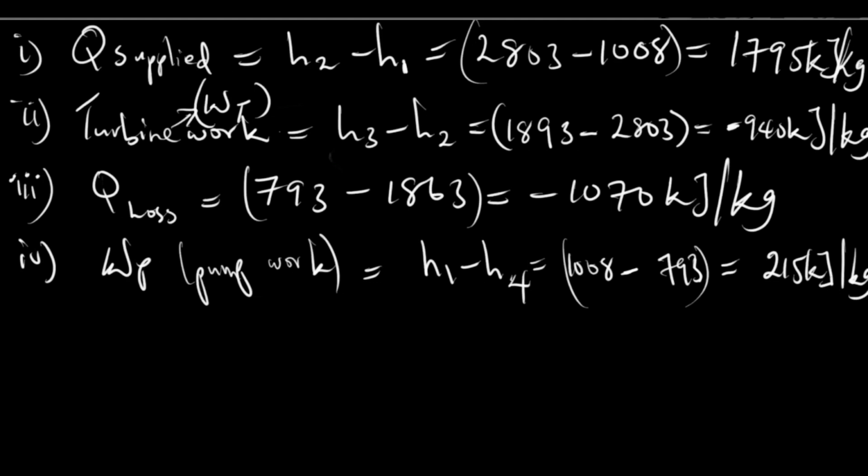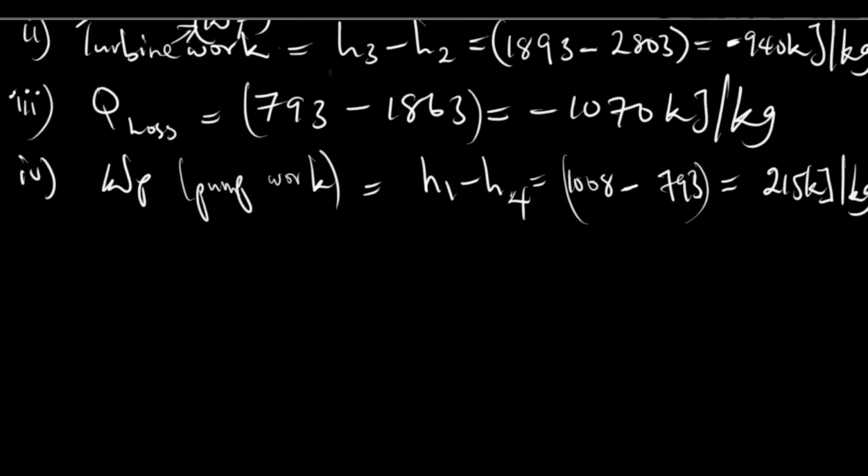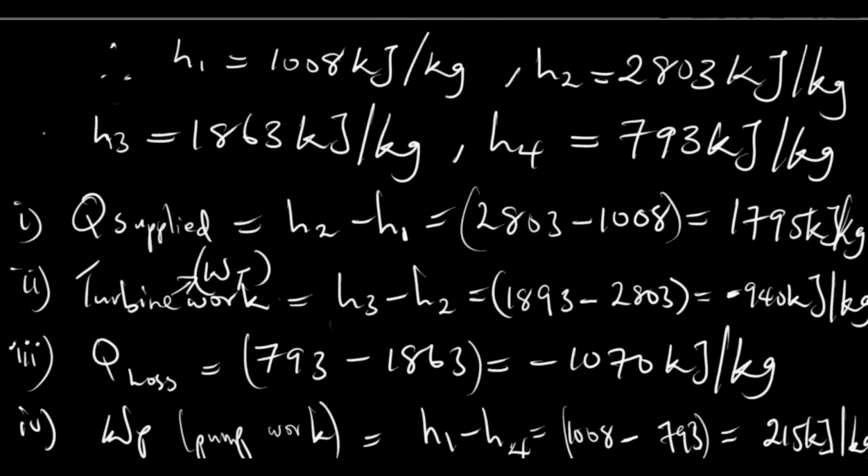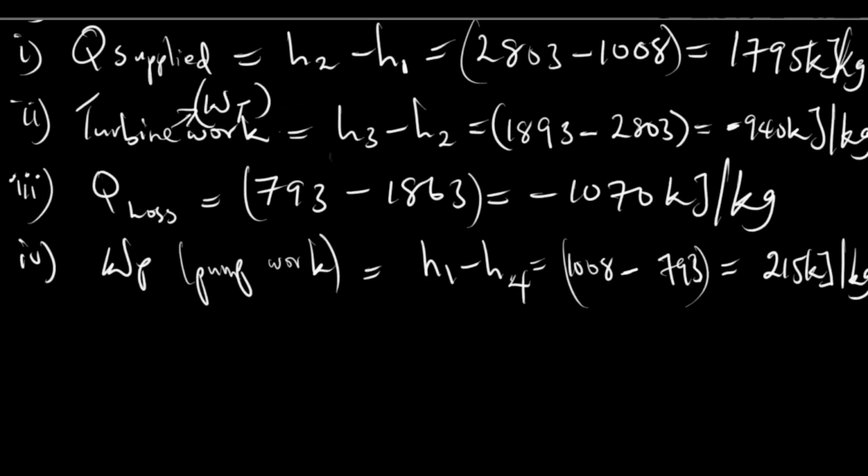Now we'll go to the next question. Remember, this is the A part of the question, which says we should find the work and heat transfers. So we have gotten the work and heat transfers.